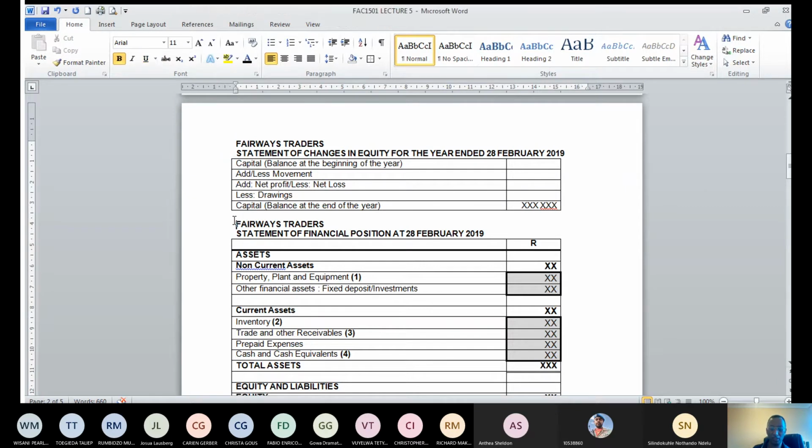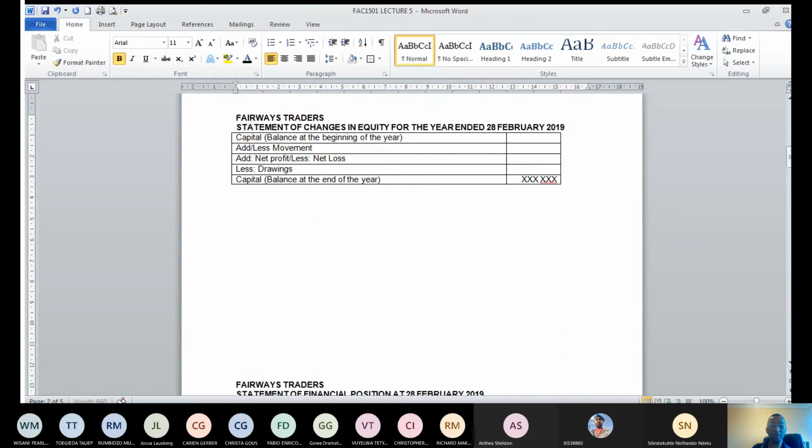So let me just quickly explain to you now what has happened. And I want to explain to you what is all contained under the movements. And for that, I'm going to give you an example. If I give you information and a trial balance, which is dated the 31st of December 2019, and there I have got a capital balance.